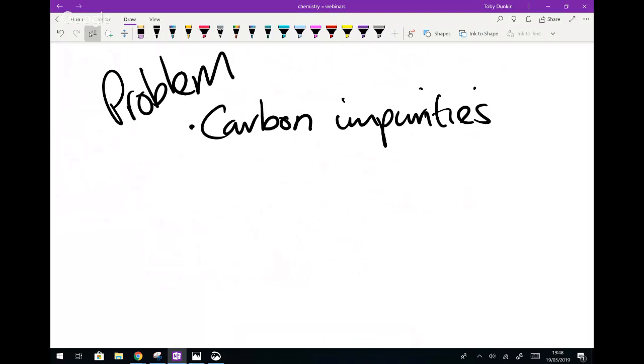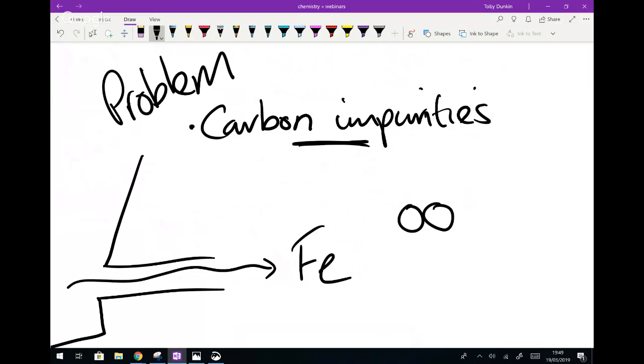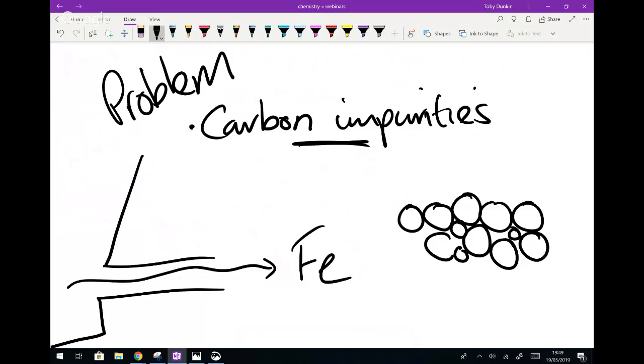So carbon impurities. So what actually comes out, if I just draw the bottom of the blast furnace, is our pipe that has the molten iron coming out of it. The iron is actually not pure iron, but it is actually steel. It is actually high carbon steel, which is far too brittle.